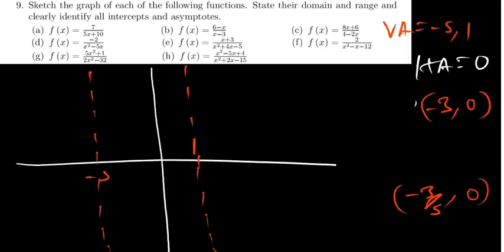I have two points. For -3, 0, I can find this point here, counting -1, -2, -3, -4, meaning this point is here, -3, 0. And for 0, -3 over 5, I can find this point somewhere here.